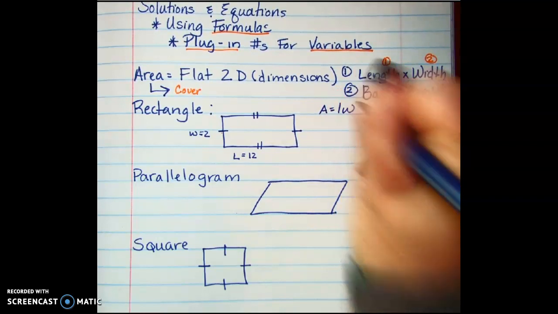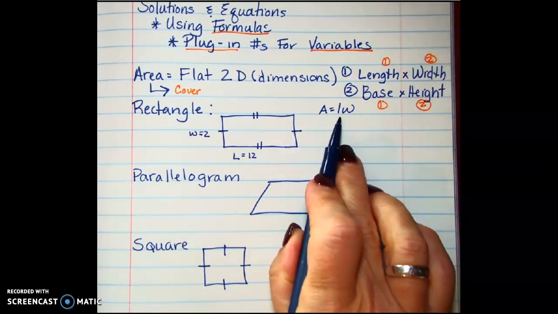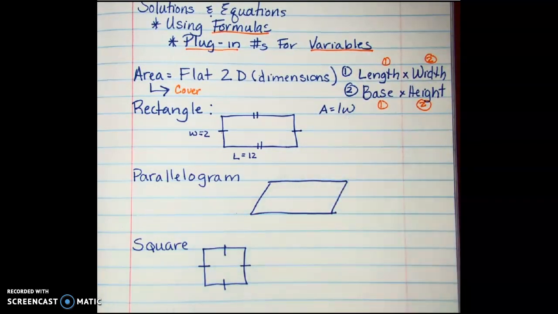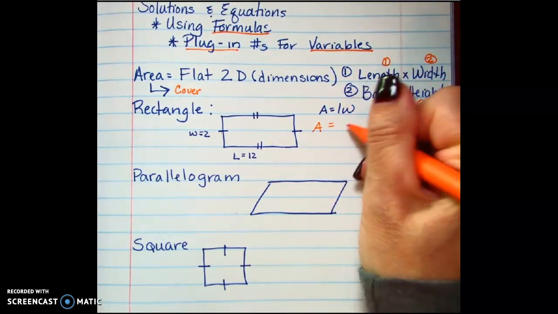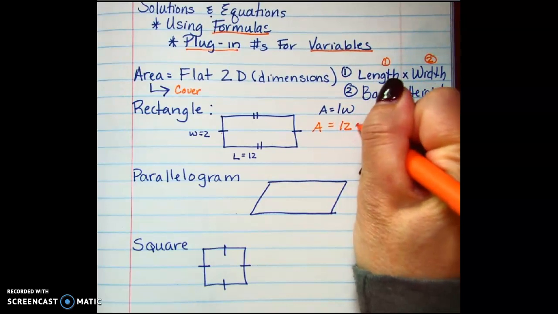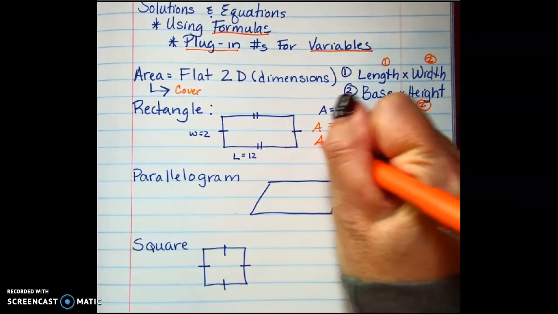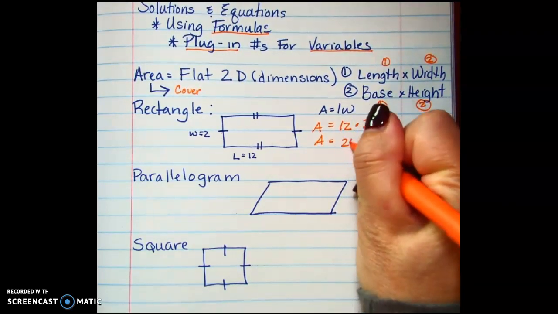Area equals length times width. So LW, when they're right next to each other, these letters, that means you multiply. So I'm going to just plug in my dimensions. Area equals, length is 12, width is 2, area equals 24.